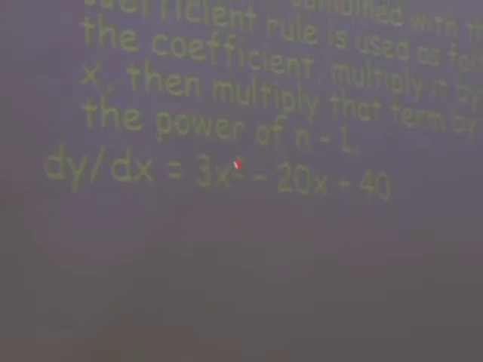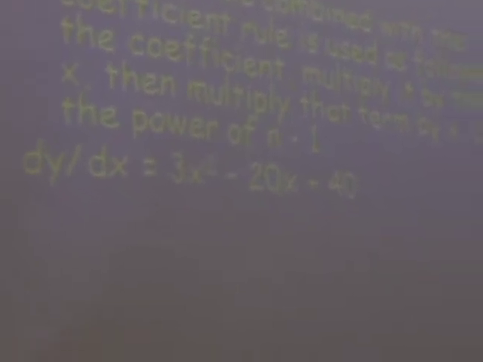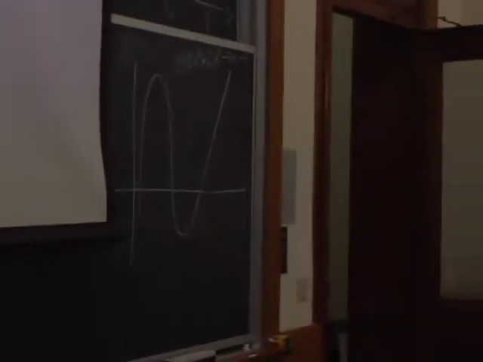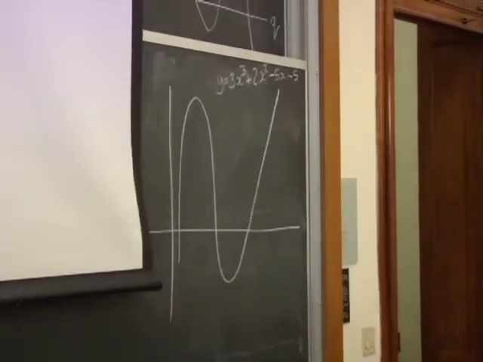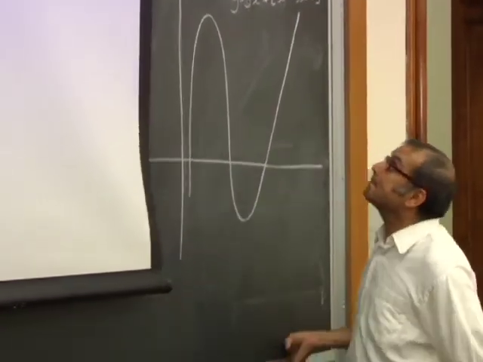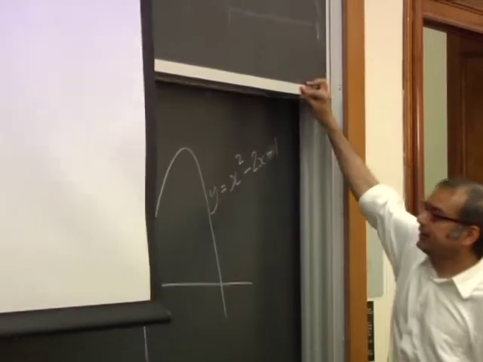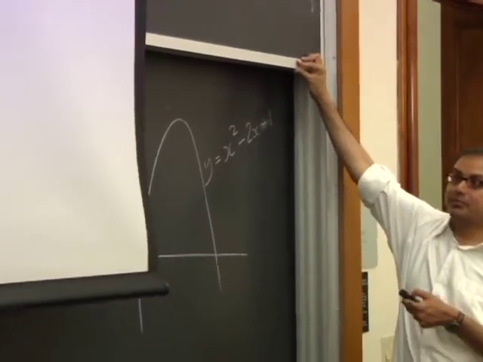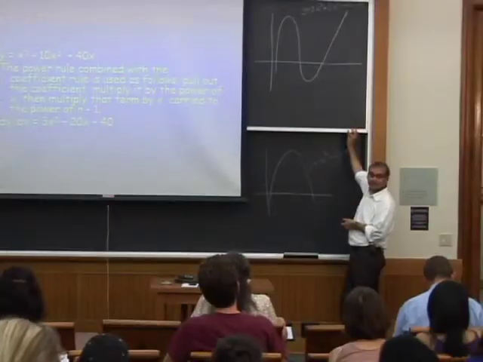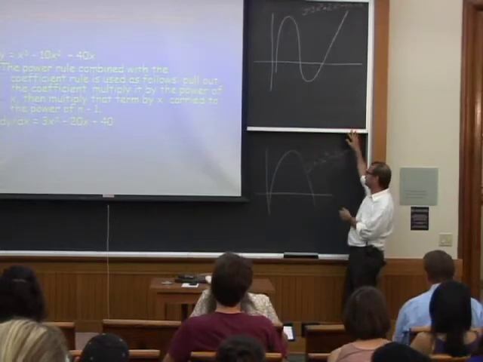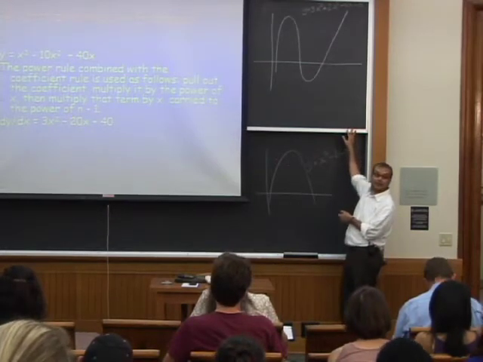So if I start out with a polynomial like that and I take its derivative, then the derivative will look something like that. And the derivative of this will be a straight line, and so on.